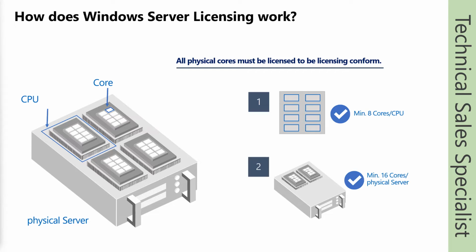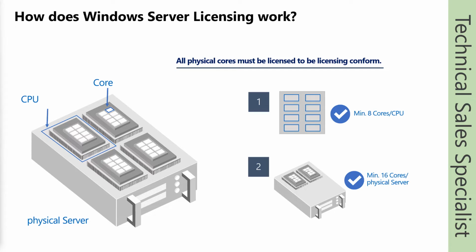And this perpetual license has to have a minimum of 16 cores. This is the base license for Windows Server with 16 cores. Because you must license a minimum of 16 cores in each physical server, and you have to ensure that every core is licensed.